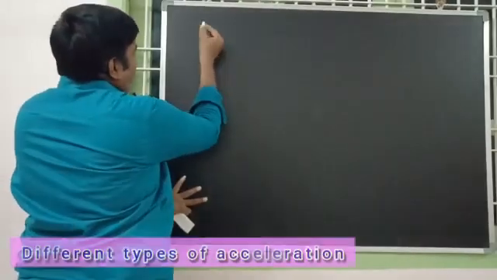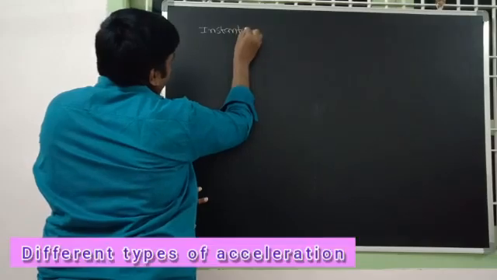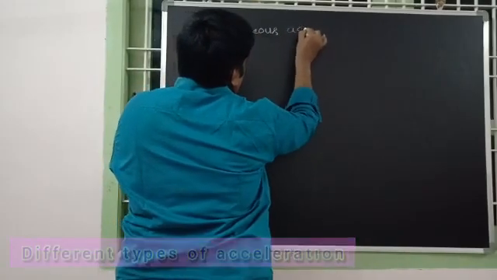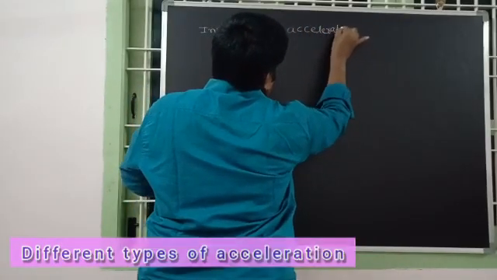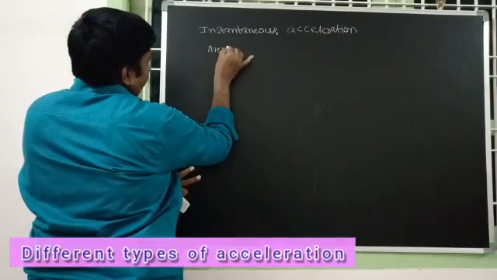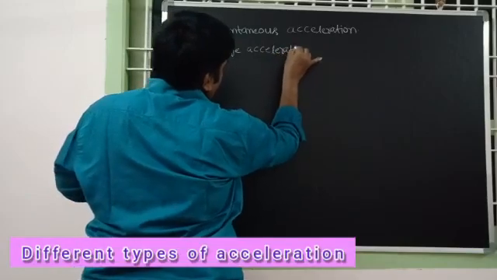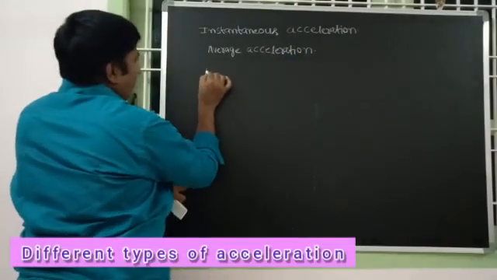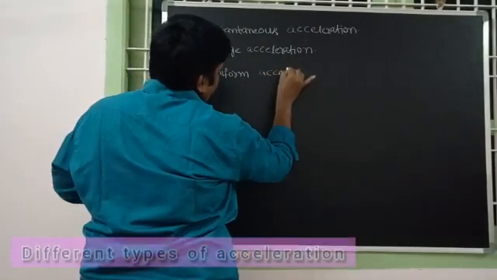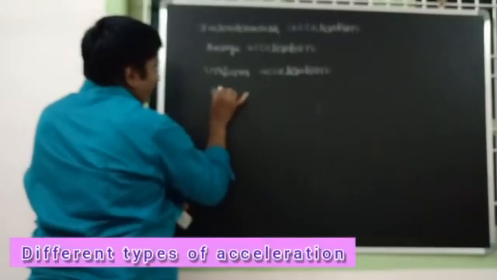So in acceleration, we have instantaneous acceleration, average acceleration, uniform acceleration, and non-uniform acceleration.